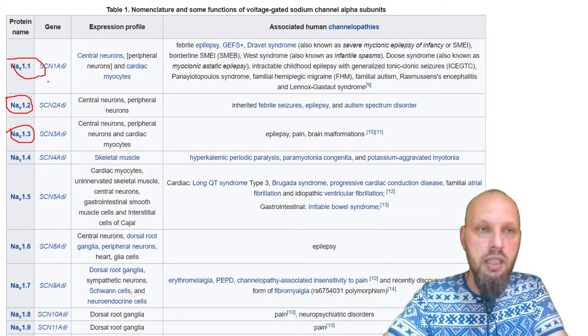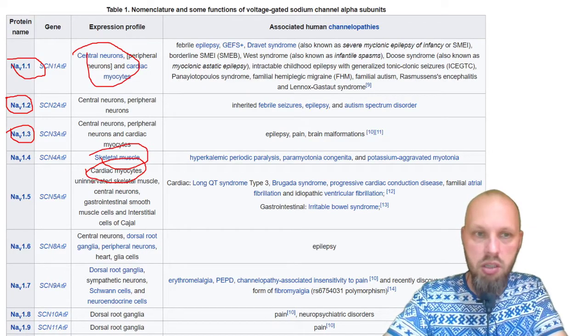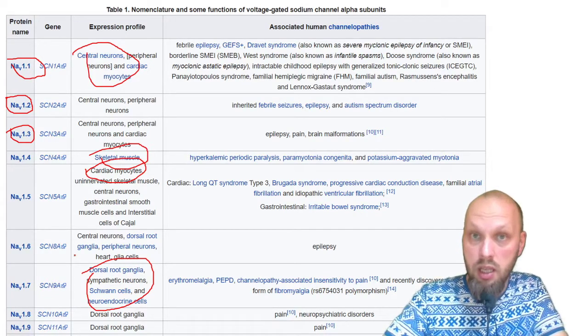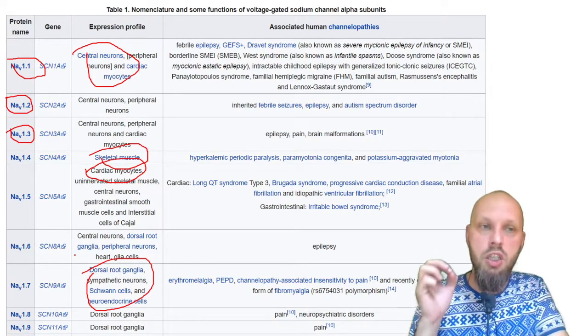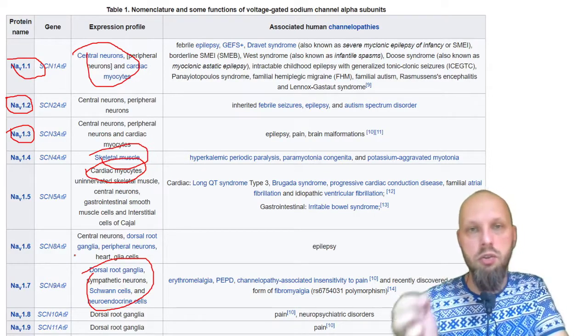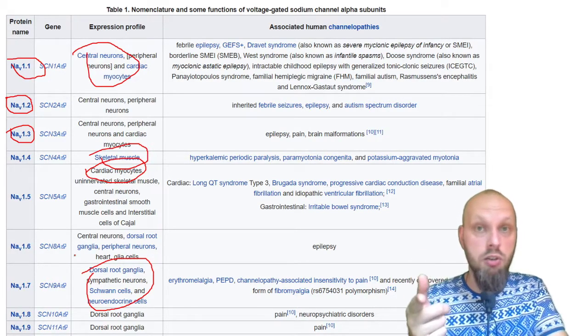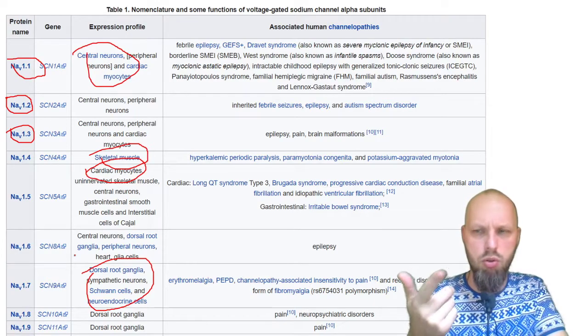And if you look at the rows, some of them are more in the central neurons, but some of them are more in the muscle, and some of them are more in the cardiac muscle, cardiac myocytes, and some of them are more in the neurons that are in the body and stuff like that. So different channels are used by different cells in different tissues, perhaps. That's learning point number 2, I guess.